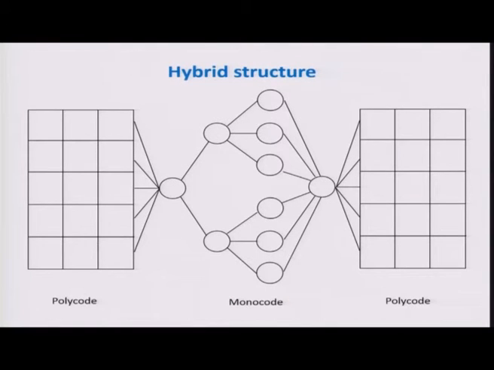Now the third one is a hybrid structure, and it includes both polycode and monocode. Okay, so here you can see that it uses both types of codes, polycode and monocode. Here you can see polycodes are independent: 1 2 3 4 5 6 7 8 9 11 12 13 14 15.